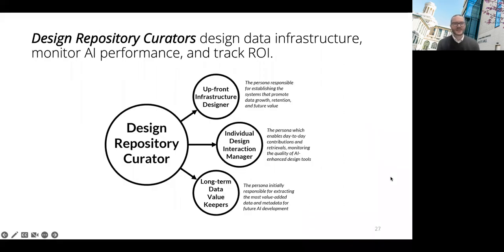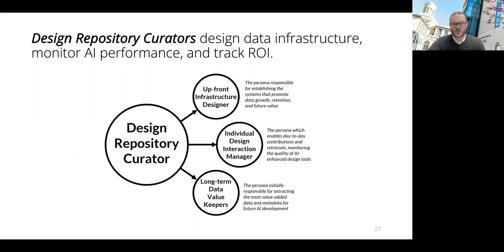So our design repository curators, they design the core data infrastructure, they monitor AI performance, and they track the return on investment of the overall system. So this person owns the data and owns the infrastructure that the data sits on. However, they also manage interactions with other stakeholders and with these other personas.